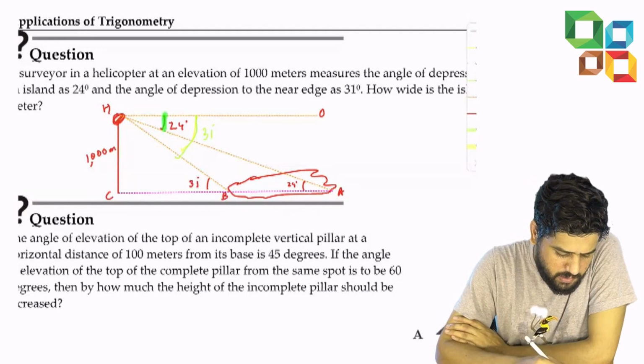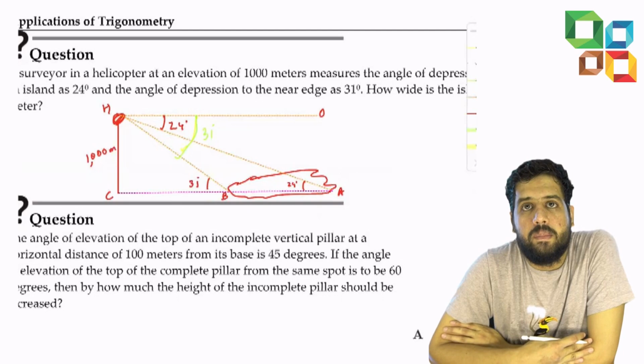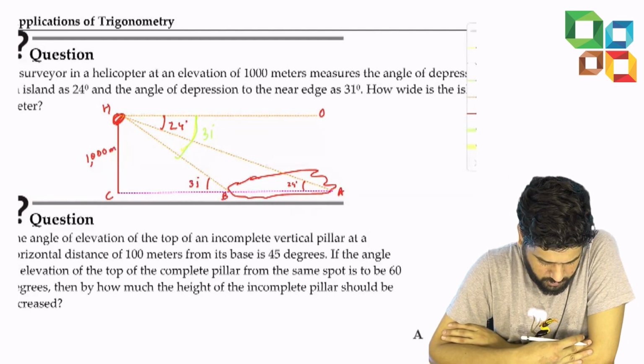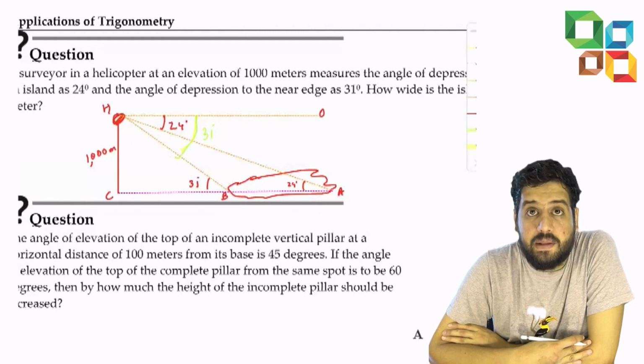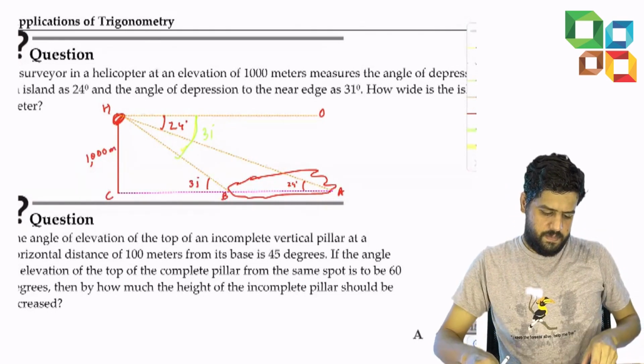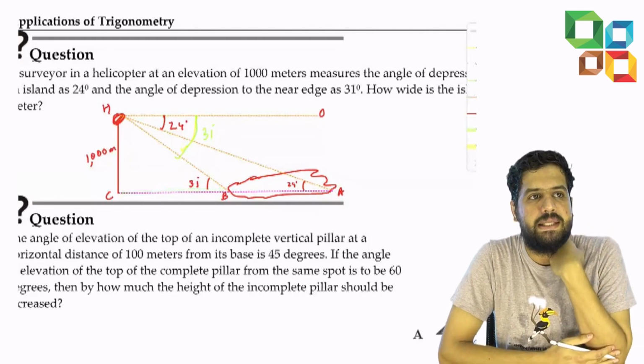These angles, you know, from that, is there any length you can calculate, Pranav? Which length can you calculate? Karthik is saying we can calculate BC. Can we calculate BC?